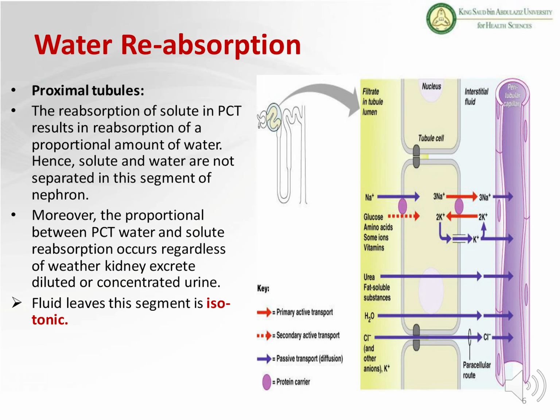This proportional reabsorption occurs regardless of whether we excrete concentrated or diluted urine. So the proximal convoluted tubule always reabsorbs water and solute in the same proportion. Because of this, the fluid leaves the proximal convoluted tubule isotonic.